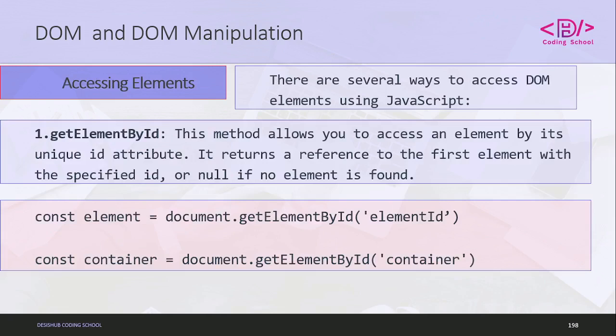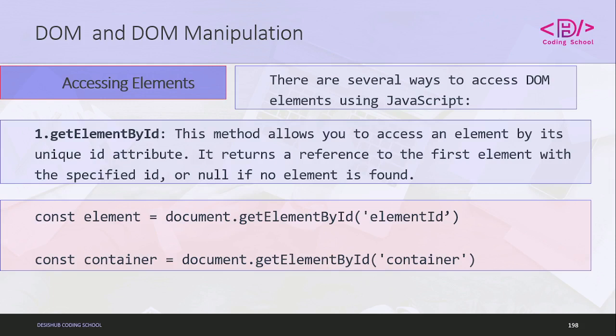And even here, getElementById just means get for me the element using the ID. That means that element must have an ID on it. So this method allows you to access an element by its unique ID attribute.